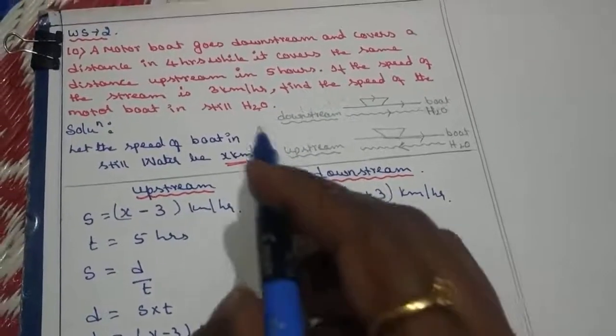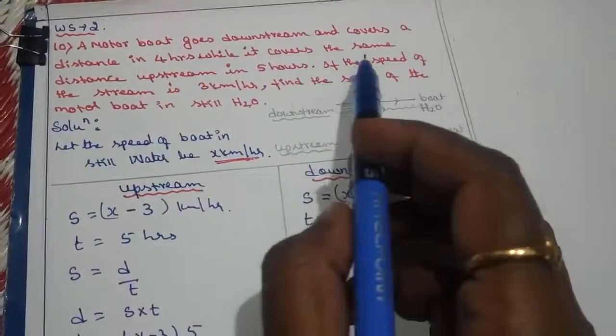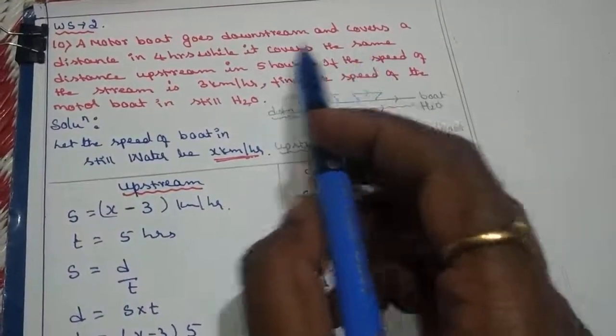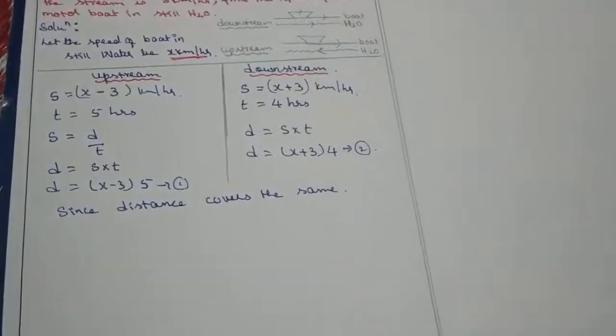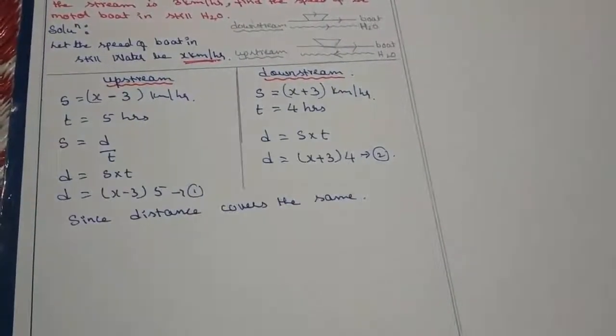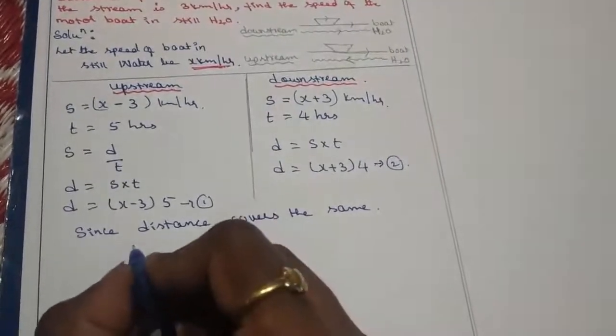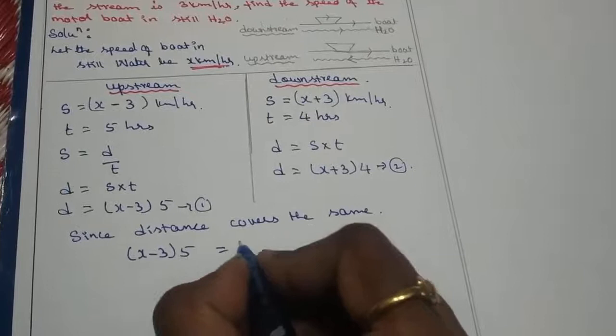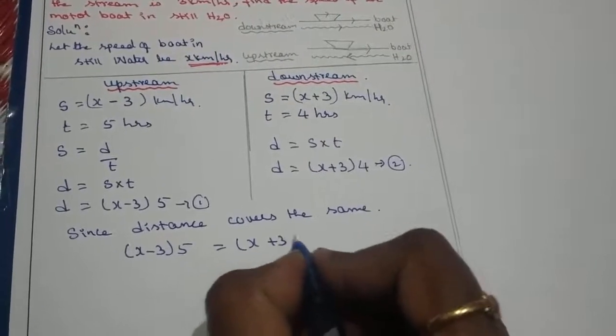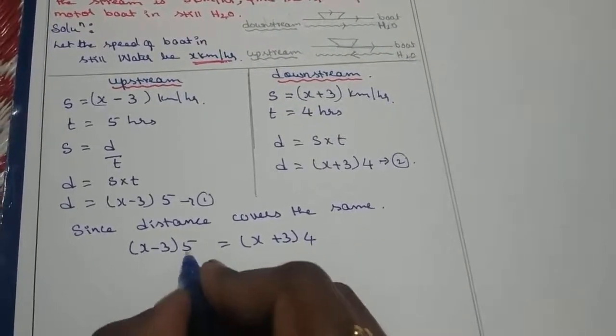Since the distance remains the same, as given in the question, the distance covered is the same. Therefore, upstream distance is equal to downstream distance. Now multiply monomial with the binomial.